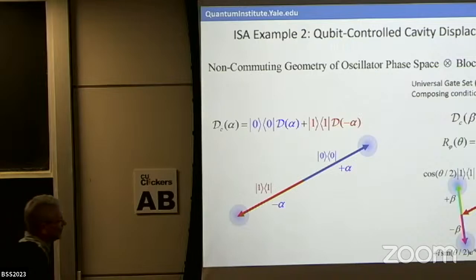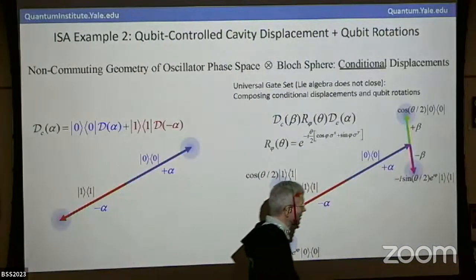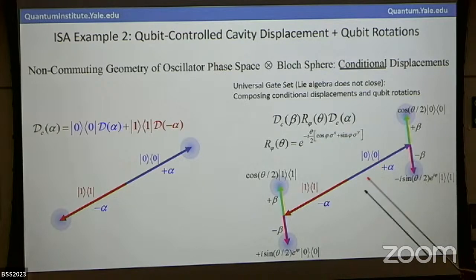Okay. Now, these blobs are all entangled with the state of the qubit, and the hard work comes in trying to figure out how to unentangle. If you want to just leave the qubit in the ground state and the cavity have some interesting sculpted state, there's work to be done.